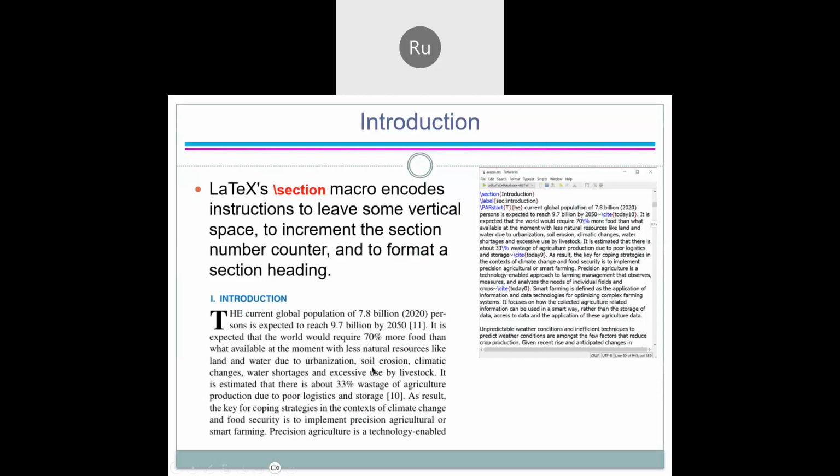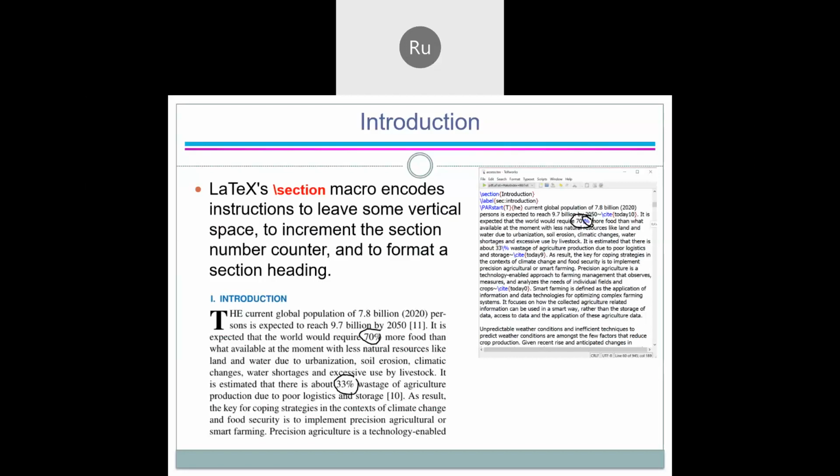So you notice that the 70% and the 33% have a backslash before the percent sign. This is the way we write it, because if you only write the percentage sign, it will mean a comment.